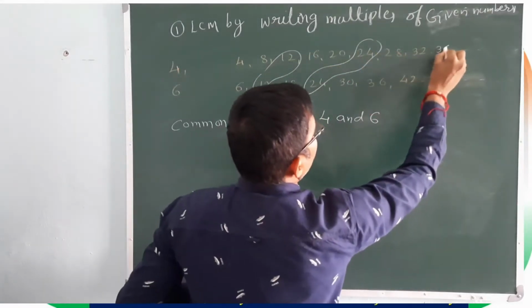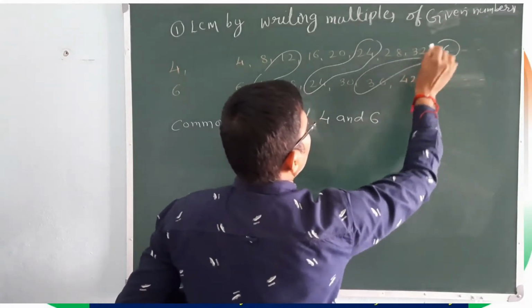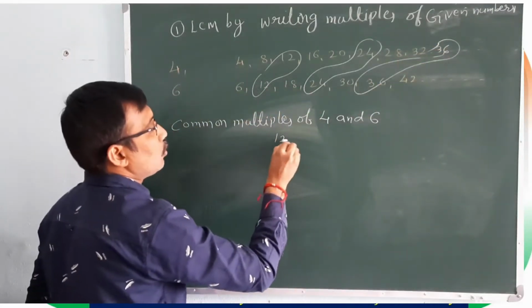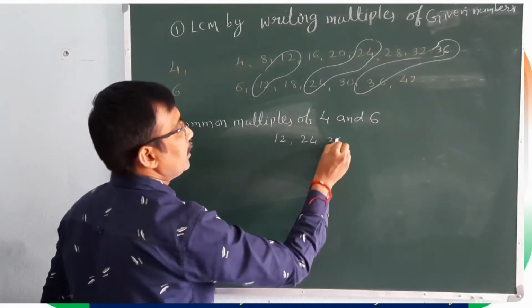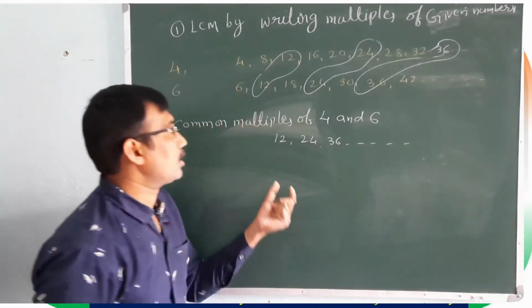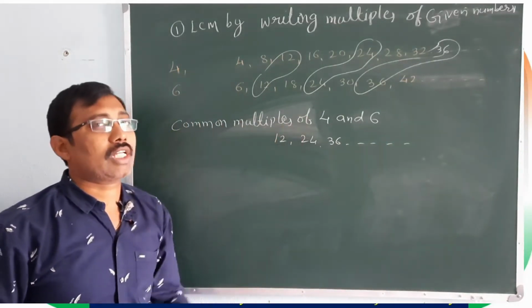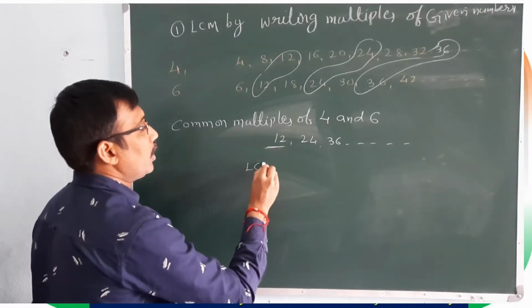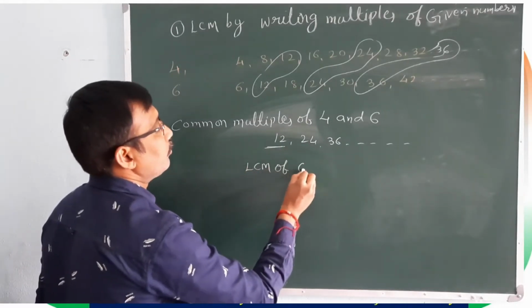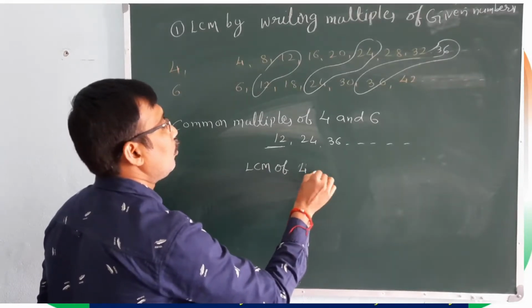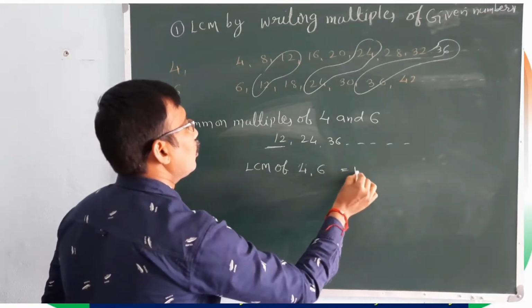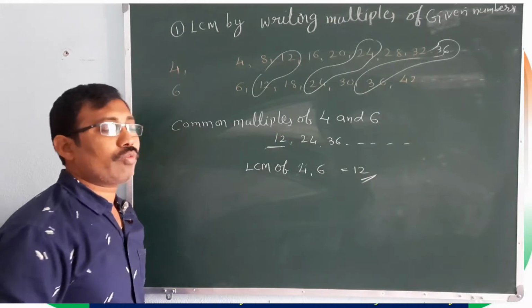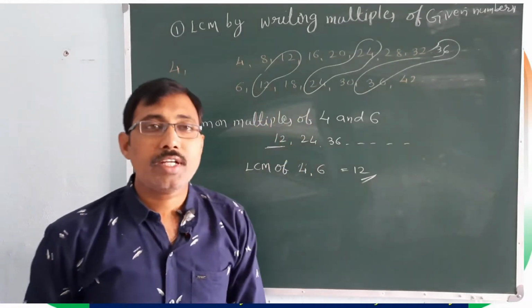Next, 36 is here and also here. So the common multiples are 12, 24, 36 and so on, continuing. The common multiples of two numbers are also infinite. Next, which is the smallest number? 12. Therefore the LCM of 4 and 6 is equal to 12.